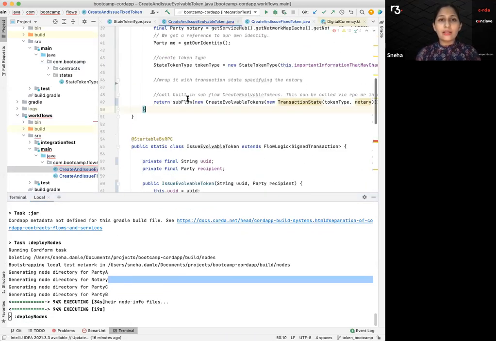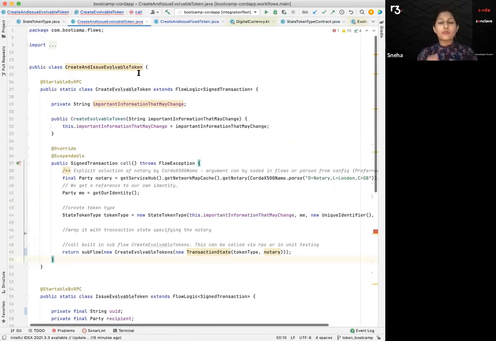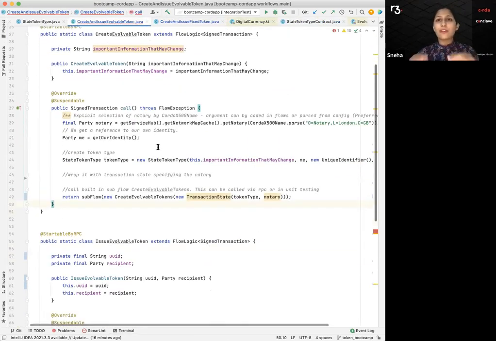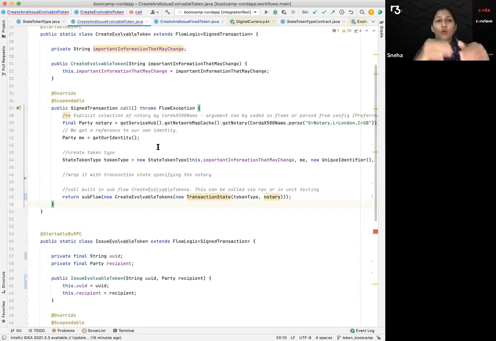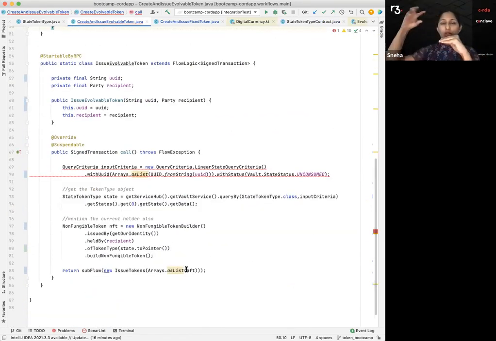What we did in this particular flow was, for the create and issue evolvable token, we first defined the base underlying asset. Over here, we saw how to create the base underlying asset, which is evolvable. Once we did that, we moved ahead and we issued a non-fungible token on top of this base asset. A non-fungible token is a token which doesn't have a quantity field. And we created this non-fungible token using the token builder.